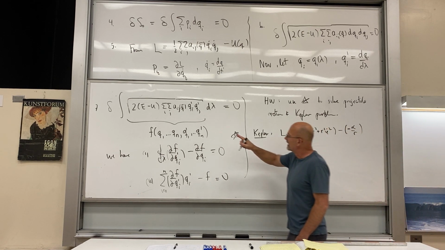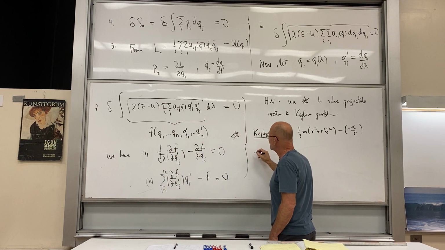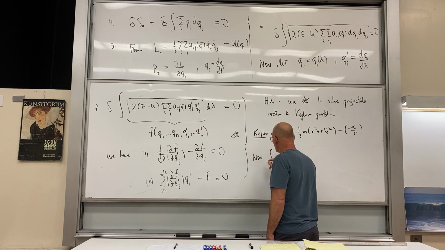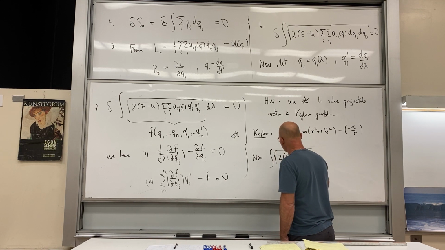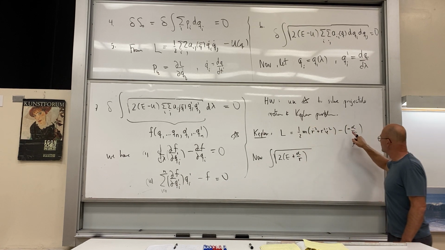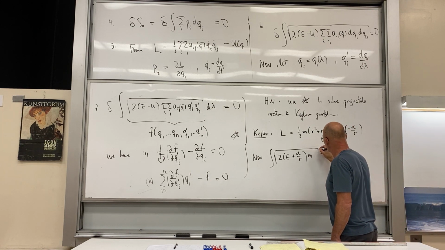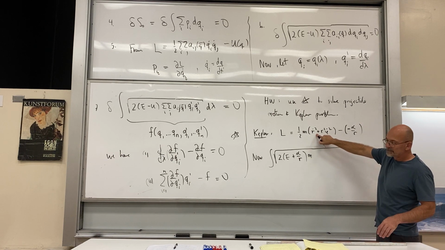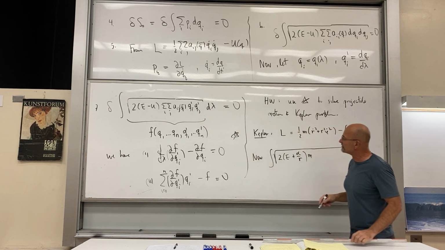So for this a_ij, now I'm setting up this integral here, and let's see what we have. 2(E plus alpha over r), minus U plus alpha over r. Apparently I've got an m here. And then this a_ij of q, q_i prime, q_j prime.